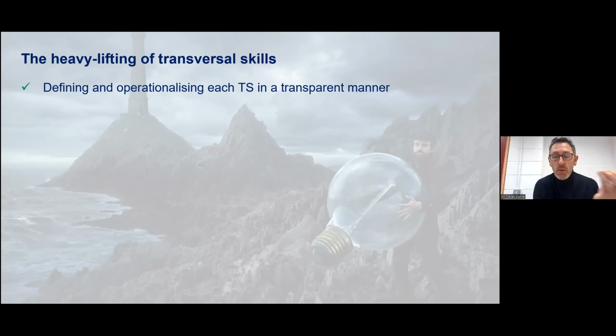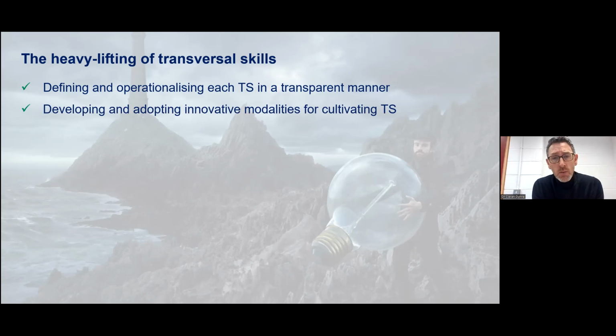And that's how we operationalize it through competence statements. And then the next thing is, how can you actually cultivate and stimulate the development of these transversal skills? Because you're going to need more innovative modalities for teaching and learning. The old model of just talking at students certainly won't work. It needs to be experiential and immersive. And then how do you integrate these skills into programs in a flexible way? Many programs, particularly engineering, are extremely dense.